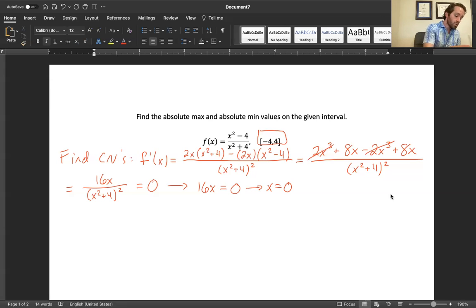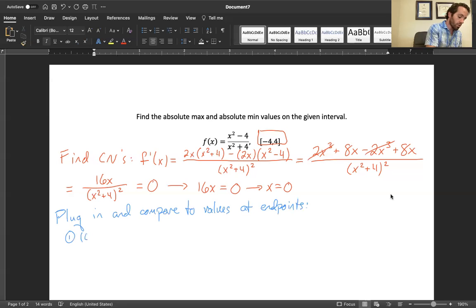Okay, so let me see. So plug in and compare to values at endpoints. Here we are going to evaluate, let's see, 1, the critical number, f of 0.